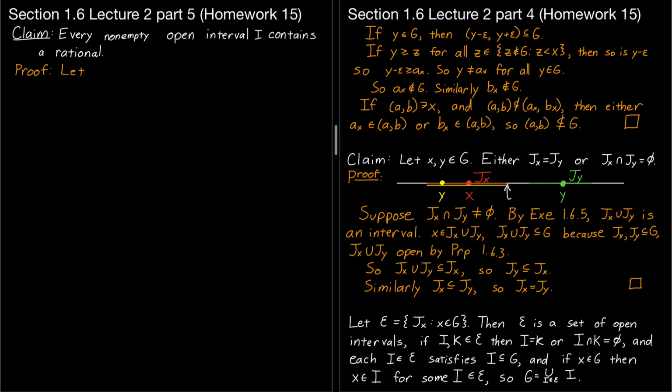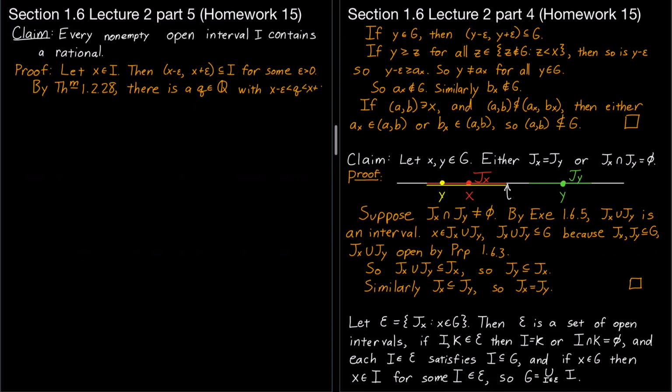Let's name the open interval I. We let x be any point in I. Then (x minus epsilon, x plus epsilon) is contained in I for some epsilon bigger than 0, and by theorem 1.2.28, we have that there is a rational number q between x minus epsilon and x plus epsilon, and so q obviously has to be in I.